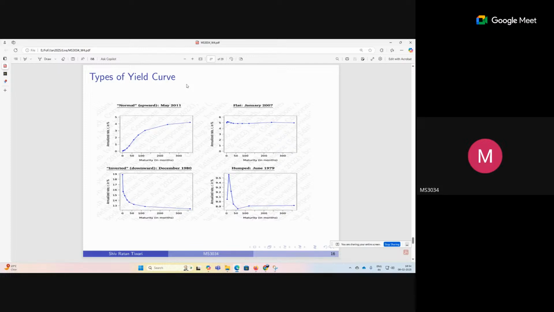This impacts the banks' interest rates. It is translated into banks' lending and borrowing rates, like the rate at which they are issuing bonds and the rates at which they are giving savings interest or FD interest rates. Through that, it goes into the real economy.